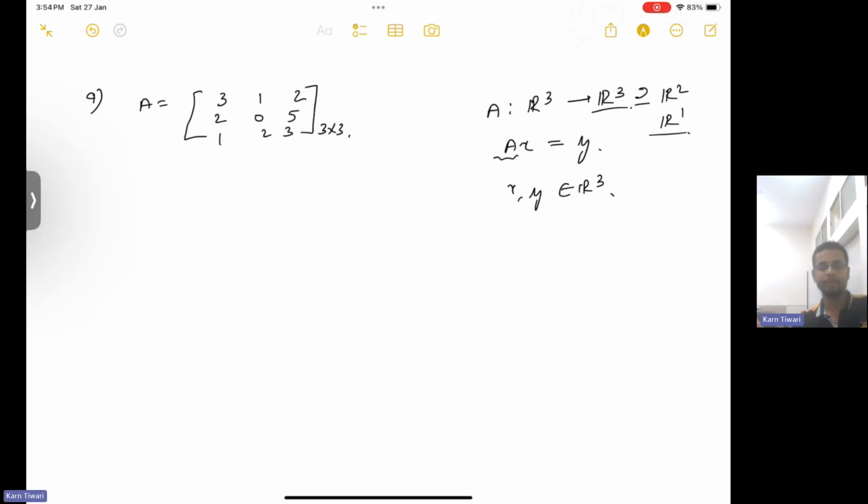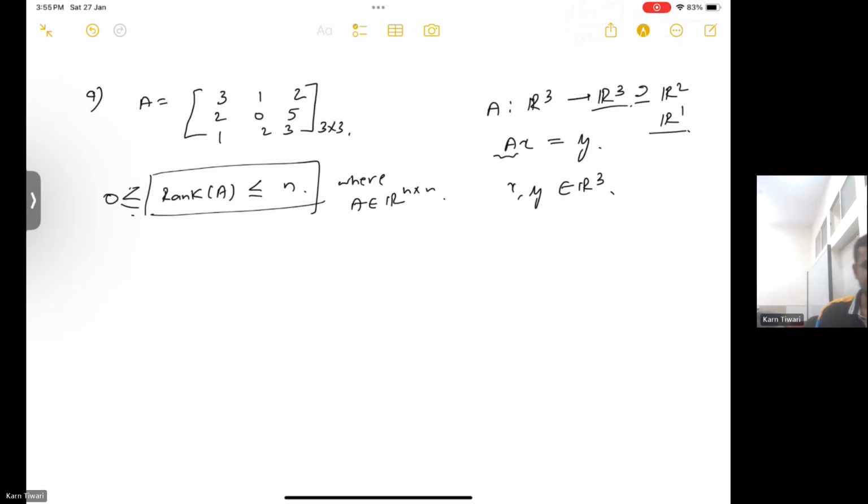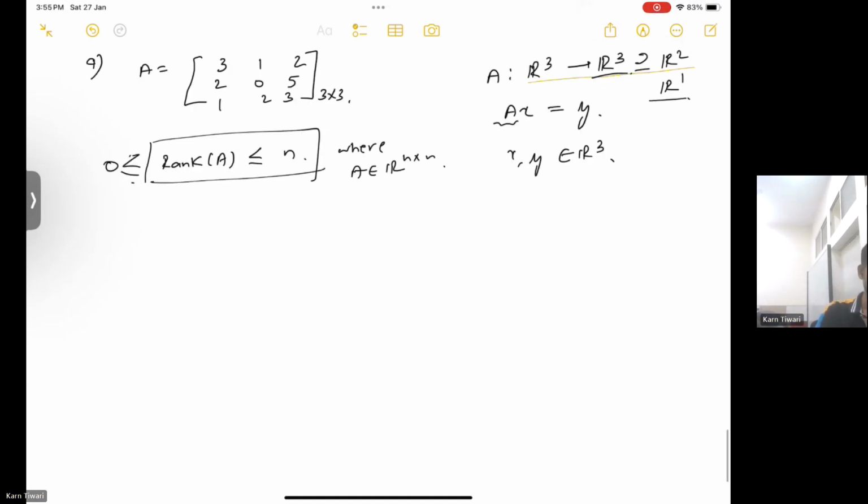So there will be different cases. And the rank can never go up, meaning the rank of a matrix A is always upper bounded by n, where A belongs to R n cross n, and it is lower bounded by 0. That's not a tight bound, but it is a bound.